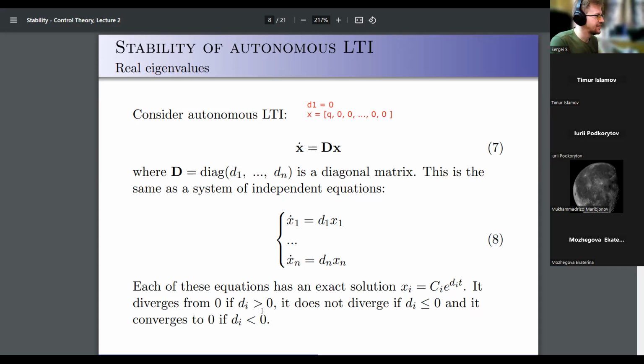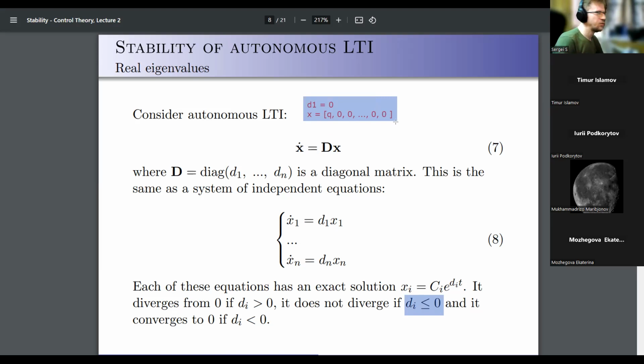But we just said that such a system, if at least one d is equal to 0, is going to have a solution which is only marginally stable, not asymptotically stable. So in this case, when we can discuss multiple possible solutions, we already know that for any of those solutions, the system is going to be only marginally stable. We can pick one, but the system is not going to be asymptotically stable.